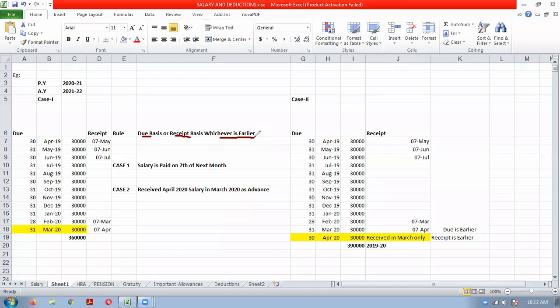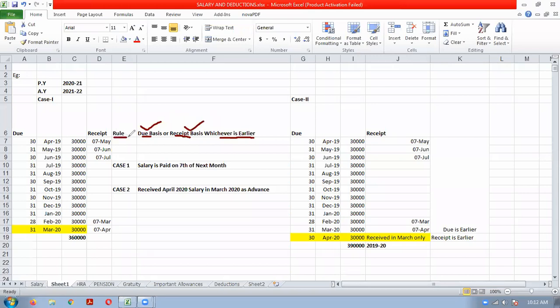One important question that arises is when we have to include the salary income in our tax calculation. The Act says it should be on due basis or receipt basis, whichever is earlier.